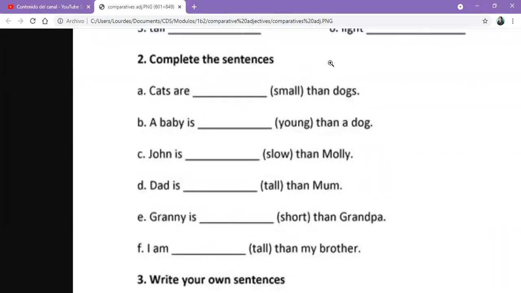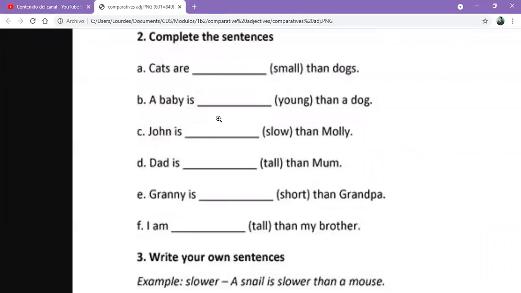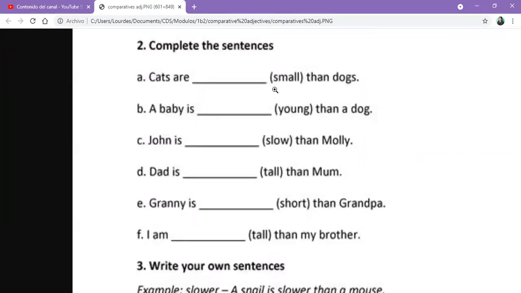Number 2, complete the sentences using comparative adjectives. We have the adjectives in brackets, so we are going to use these adjectives in the comparative form.